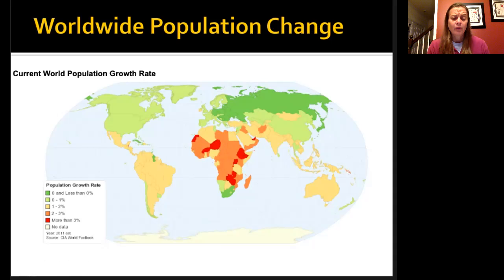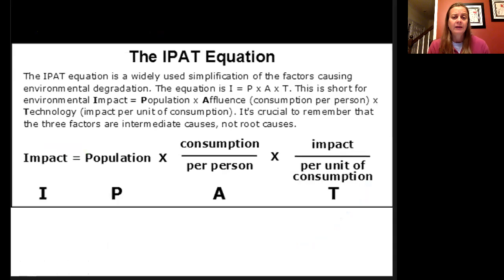Okay, so one more thing to talk about as far as financial impact. This IPAT equation is a huge oversimplification of the factors that cause environmental degradation. But the simple equation is that impact is equal to population times consumption per person times the impact per unit of consumption.